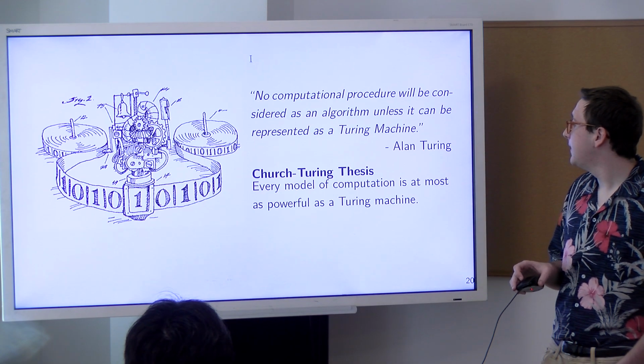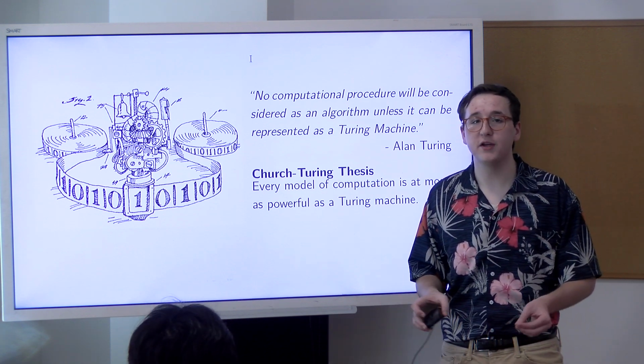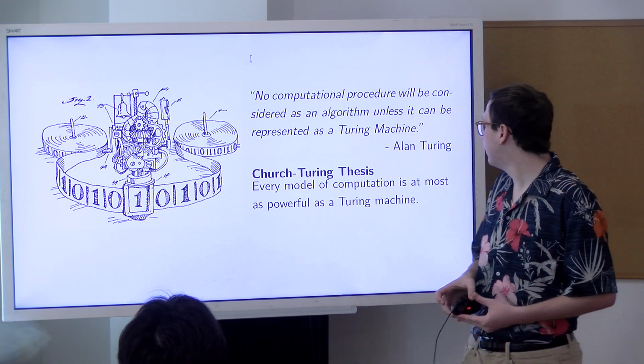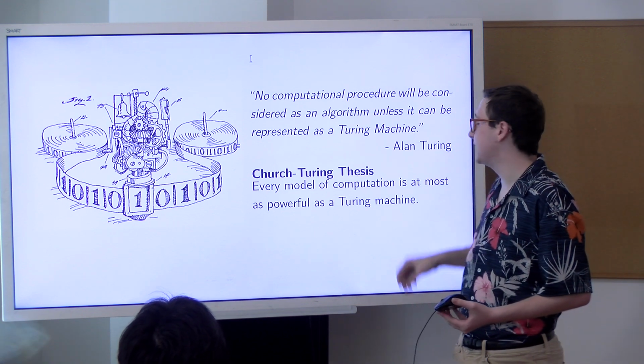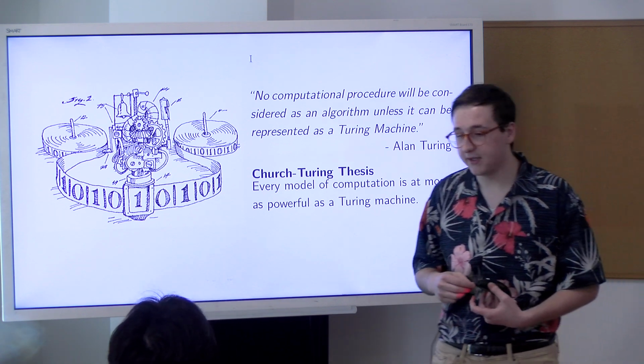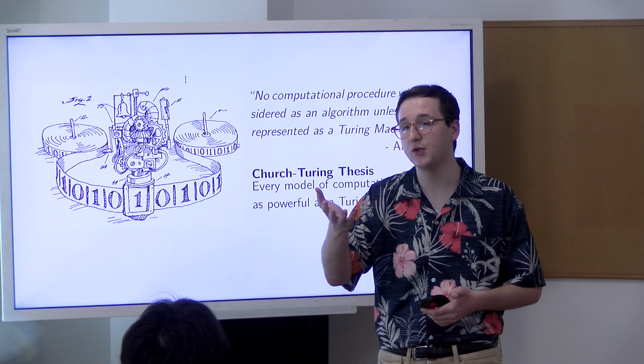The summary of all of their work on the foundations of computability is summarized by Alan Turing in this sentence: no computational procedure, or algorithm, will be considered as such unless it can be represented as a Turing machine. Computational procedure here refers to what you can do as a human.